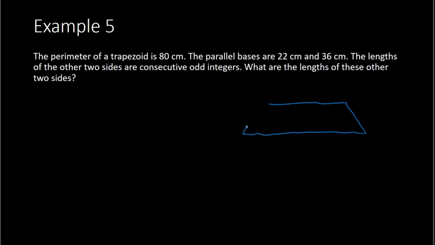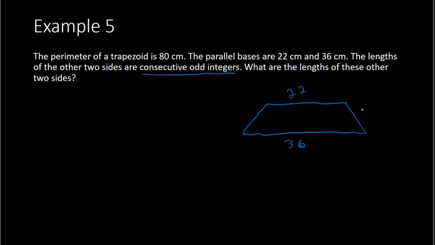So here's my picture of a trapezoid, where we have 2 parallel sides and the other 2 sides are not parallel. We're told that the parallel sides are 36 and 22. The lengths of the other 2 sides are consecutive odd integers.